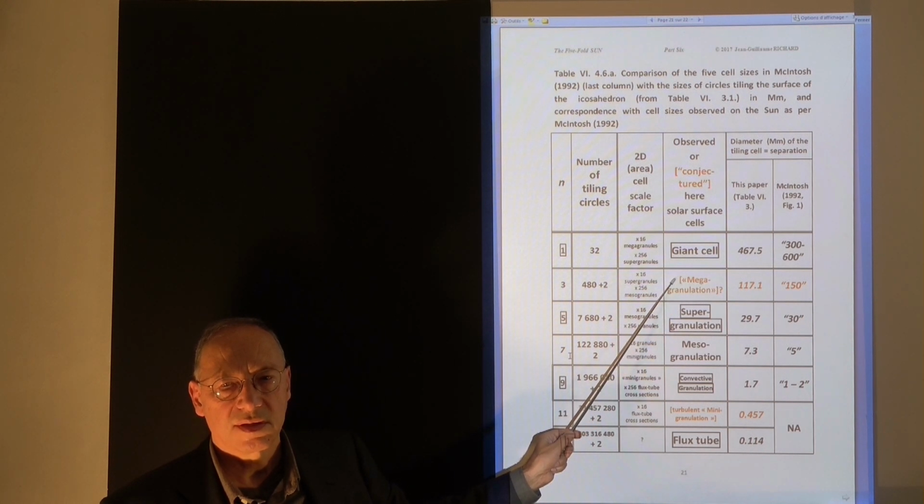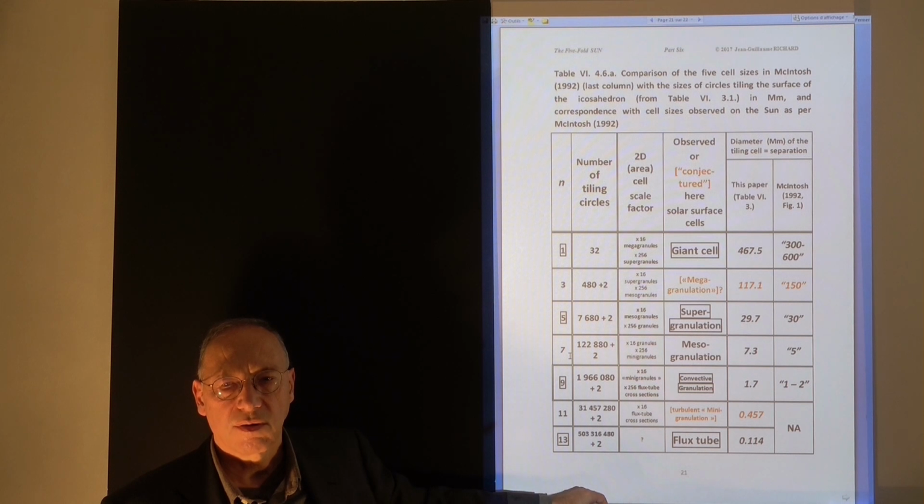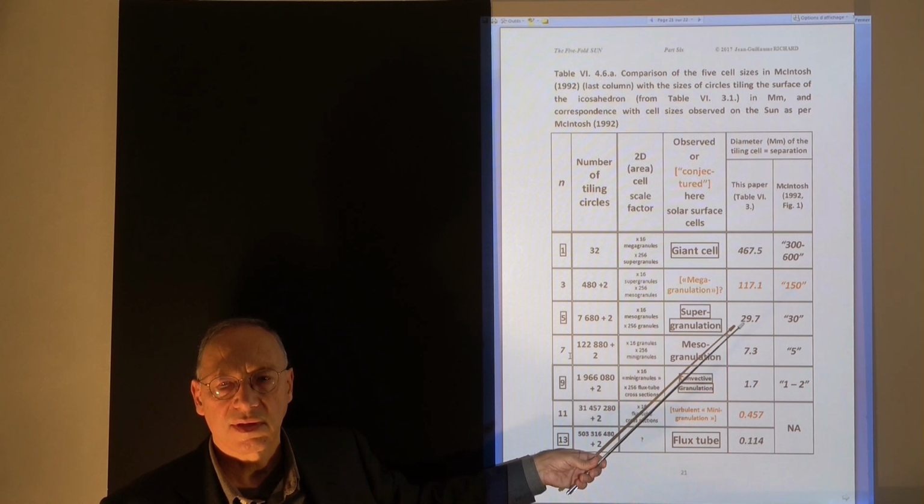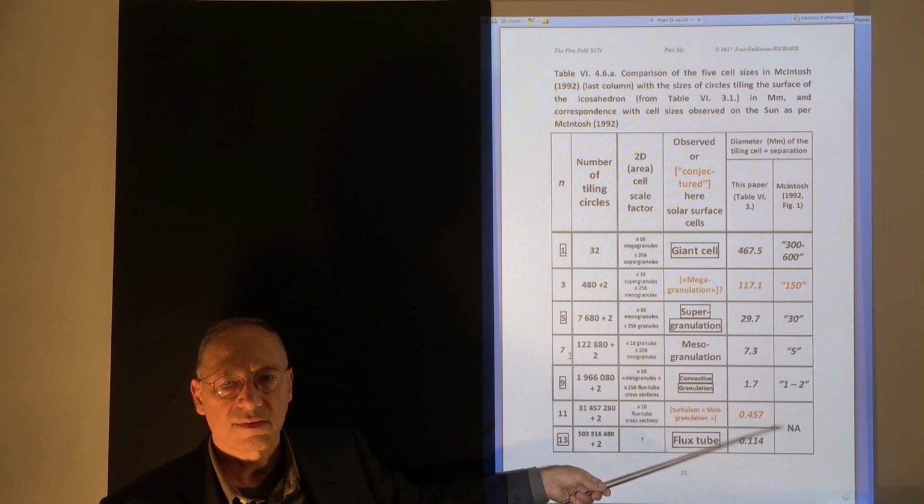For McIntosh, this is the sunspot group. But for the rest, we are very close to his estimates. In the 2017 update of his findings, we proposed 29.3 actually observed here, and here 7.4 actually observed, and here 1.75.